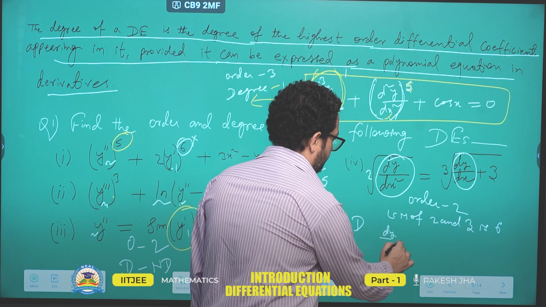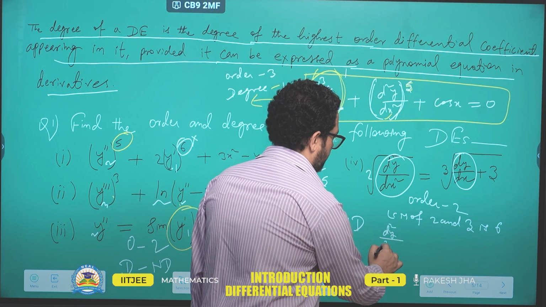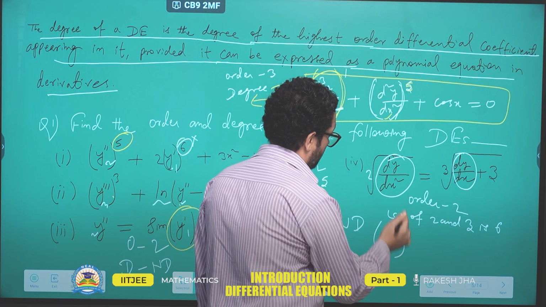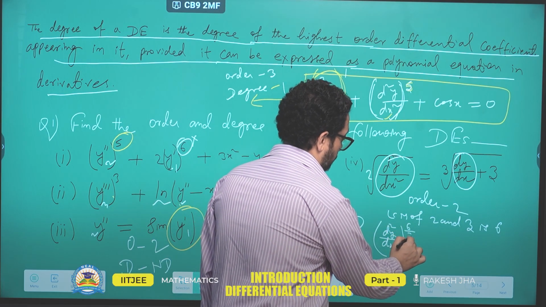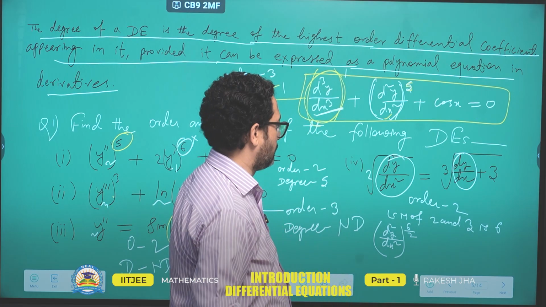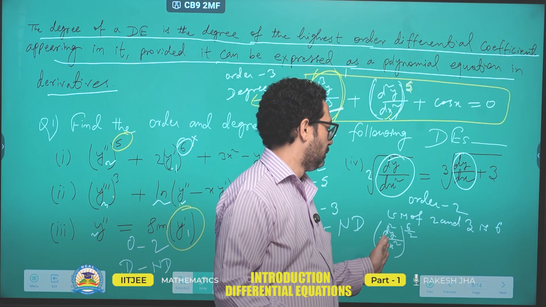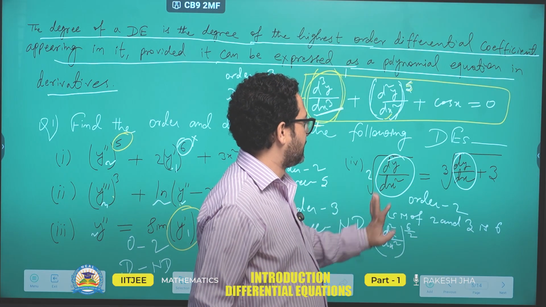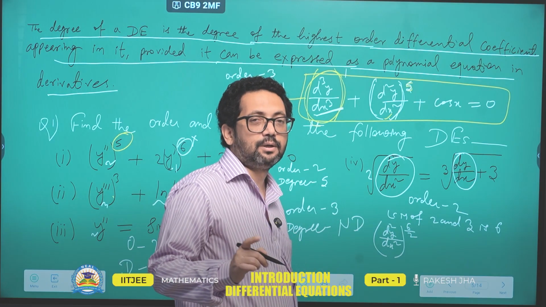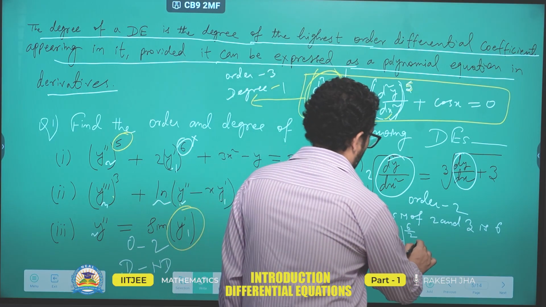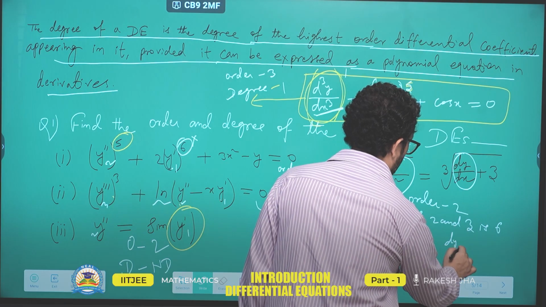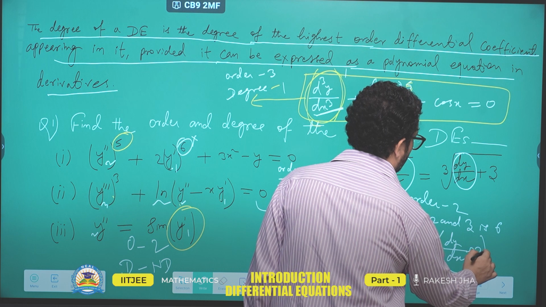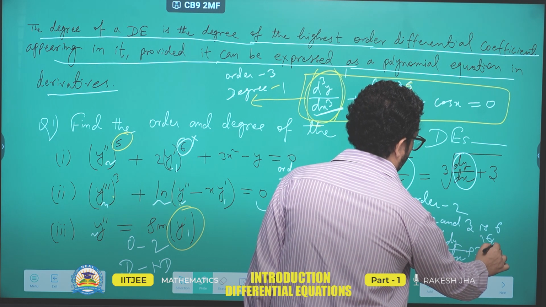d2y by dx square, and then here it is 6 upon 2, because on both sides, LHS and RHS, we are putting the exponent 6, so that the radicals will be removed. Here, dy by dx plus 3 raised to the power 6 upon 3.